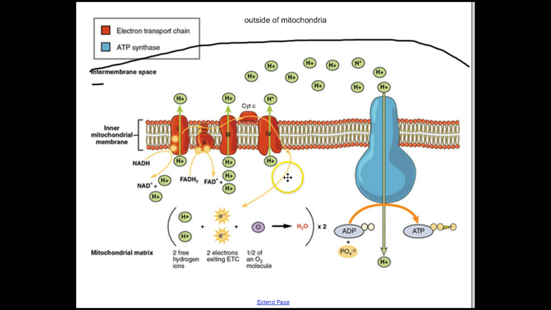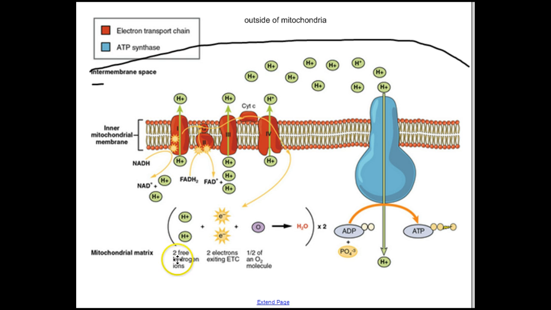Now you might also be asking yourself what happens in the overall process. If you recall the other product that we're producing during cellular respiration, we produce carbon dioxide. But if you remember, that equation also told us that we produce water as well. Here's where the water gets produced. Those electrons were passed along the protein complexes. They end up on this side of the membrane, so in the matrix. And remember, there's still some hydrogen ions floating around here. In order to make water, we need hydrogen and we need oxygen.